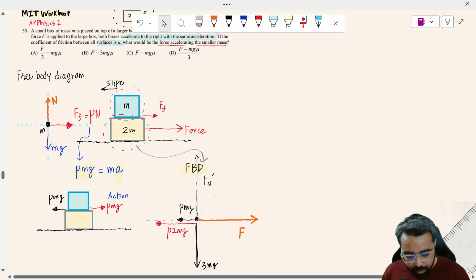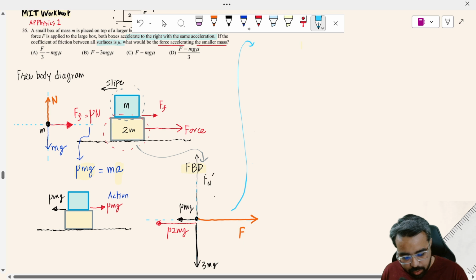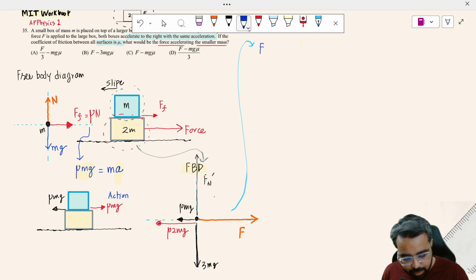Okay, anyway, if you make an equation by looking at this free body diagram, can I say that force F minus mu mg plus mu 2 mg, or 2 mu mg, is equal to the total mass times acceleration?